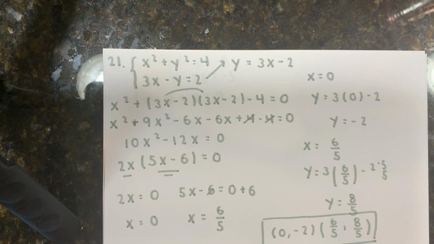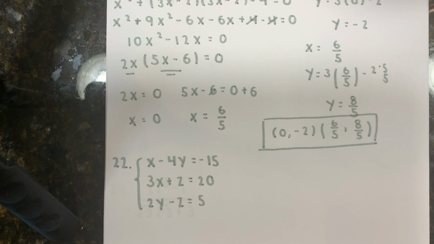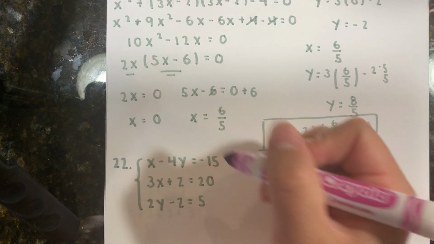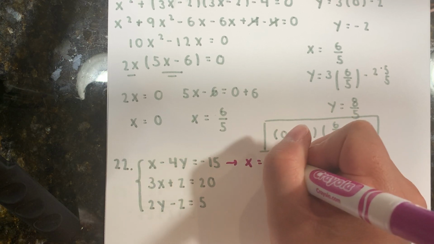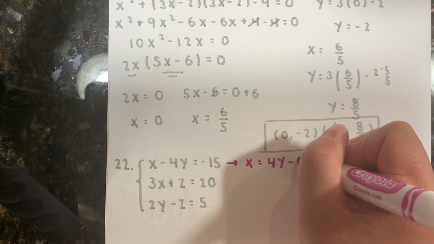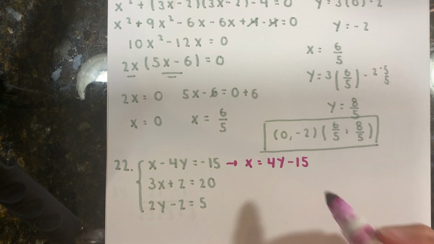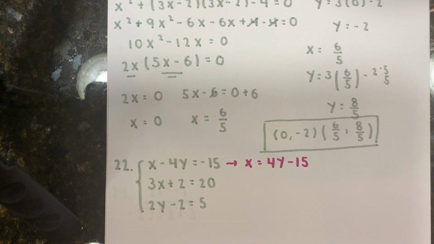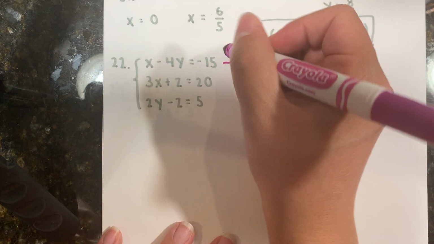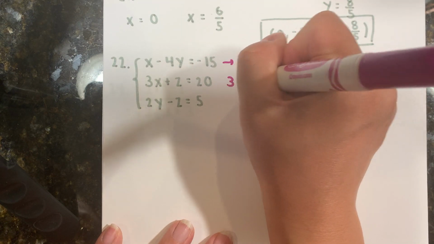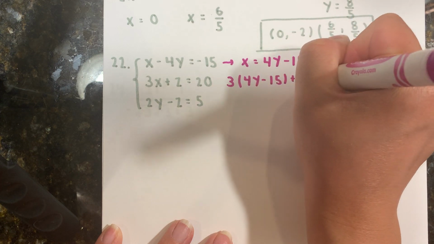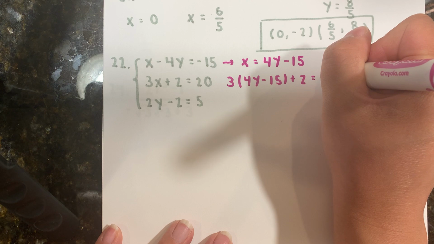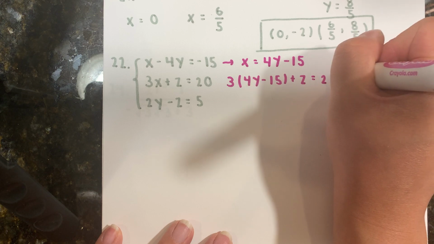Now for number 22, we have to choose to solve for one of those letters. Doesn't matter which one you decide to choose from. I'm just going to choose to solve for x in the top equation, giving me x is equal to 4y minus 15. Now I just need to plug that into the second equation, and that would be 3 times 4y minus 15 plus z equals 20.